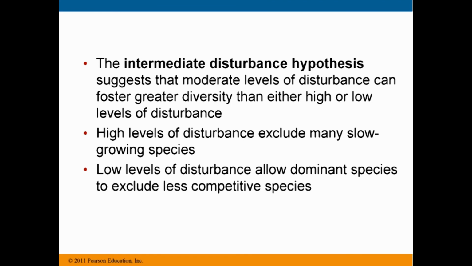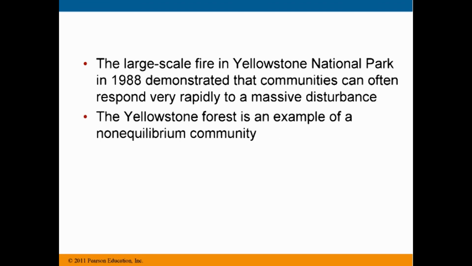Very high levels of disturbance might exclude slow-growing species found within that community. Low levels of disturbance may allow dominant species to exclude less competitive species. So you might see a certain species come out on top if it was a little bit more dominant, if the disturbance wasn't high enough.